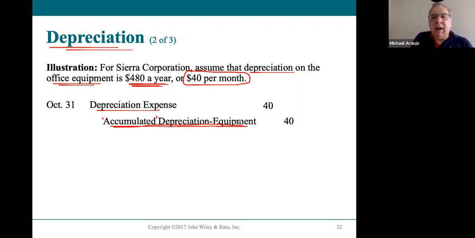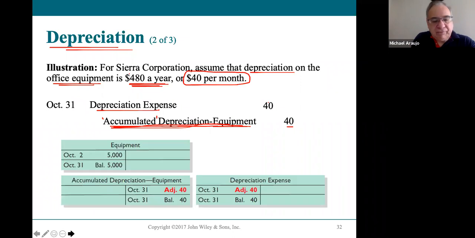Okay. And so this is actually what's called a contra asset account. It's actually an asset account, but it has a credit balance because it shows how much of the equipment has been used, has been expensed toward depreciation. So this is how it would look in the ledger. The accumulated depreciation account would basically piggyback the equipment account. It'd be right next to it. This is the amount of money we actually paid for the equipment.